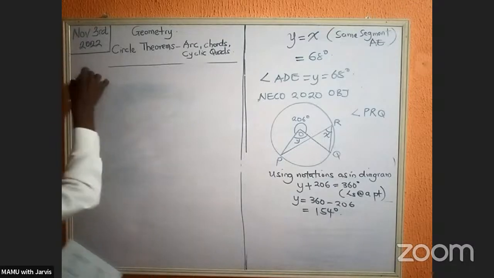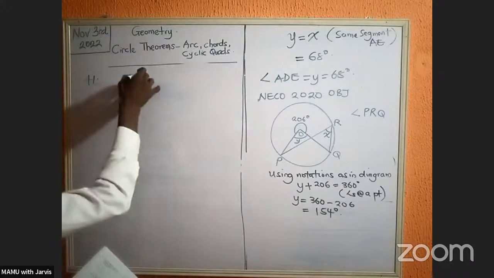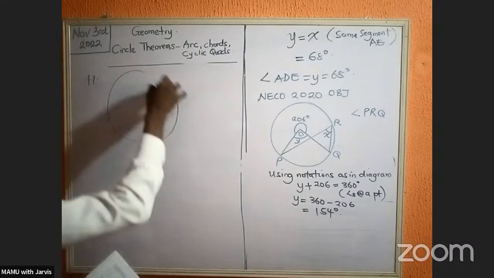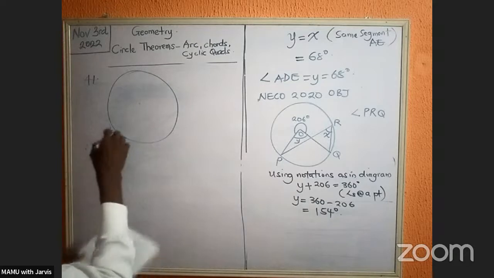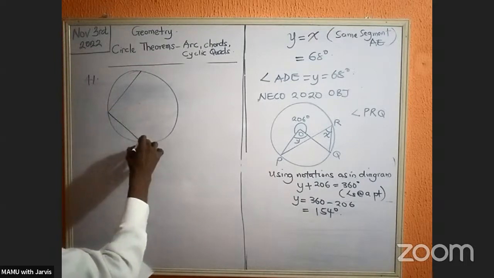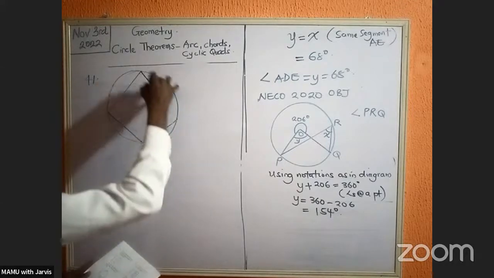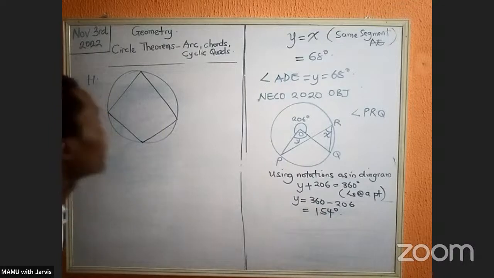All right, we also have question 41 there. And in question 41, we have another diagram. We have this center. This is a cyclic quadrilateral. We've explained what a cyclic quadrilateral is: a quadrilateral inscribed in a circle.